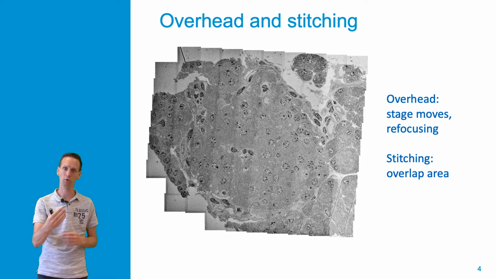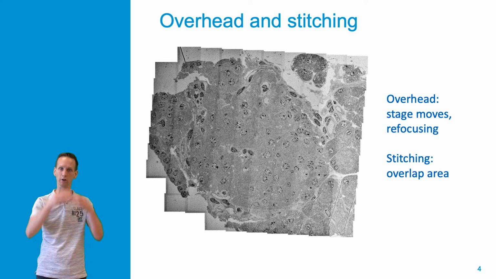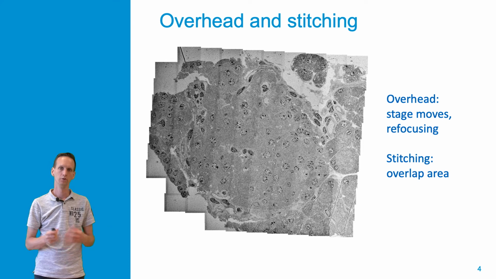We may need time for refocusing the beam in an automated fashion, and we also need to record a bit of additional area in order to allow for stitching all the individual images together in one big tile. So we got a bit of a sense for the time spent in covering a large area.